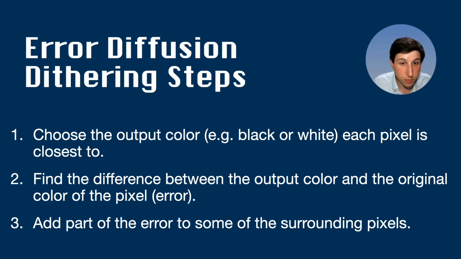We just said, are you black or are you white? And we forgot about the richness of how far you were between black and white. But with error diffusion, we're able to take that data and reuse it to affect other pixels that might actually eventually lead them to a threshold where some that would have been black in threshold are actually going to become white, and some that would have been white are going to become black because error from other ones is distributing and affecting them.